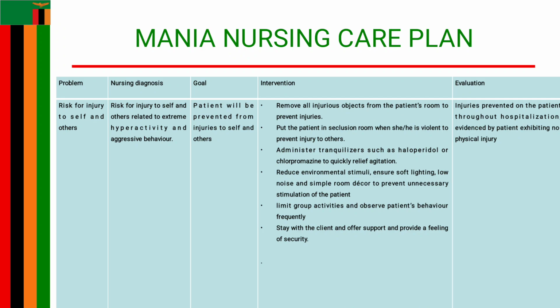Then in terms of the intervention and rationale, you can say I will remove all injurious objects from the patient's room to prevent injuries. You can also talk about ensuring that the patient is placed in the seclusion room during aggressive behavior to prevent injuries to self and others, of course.